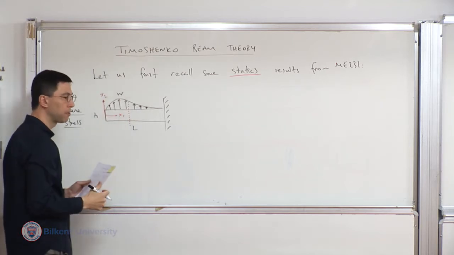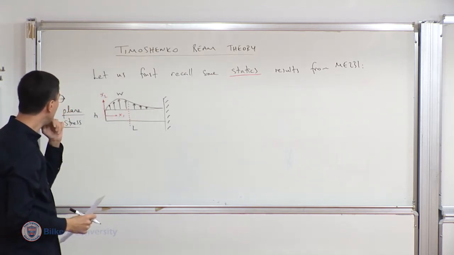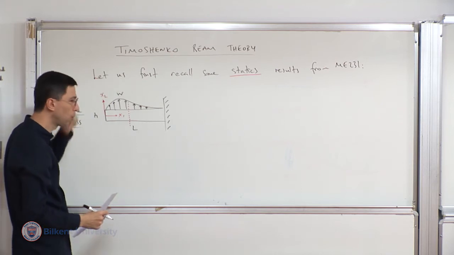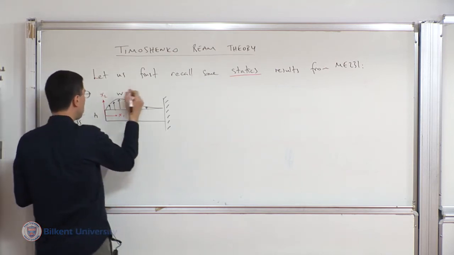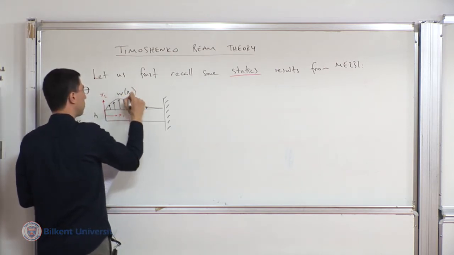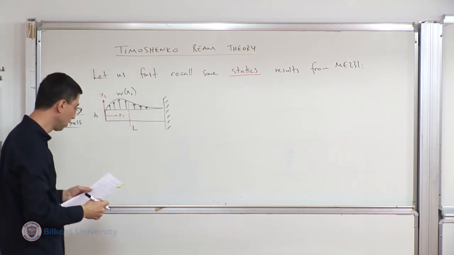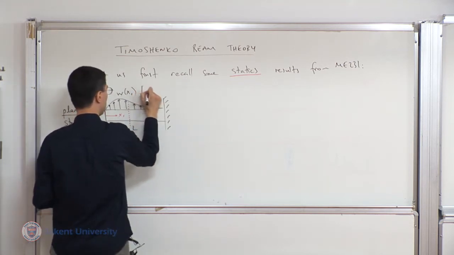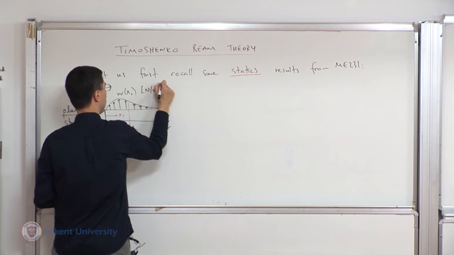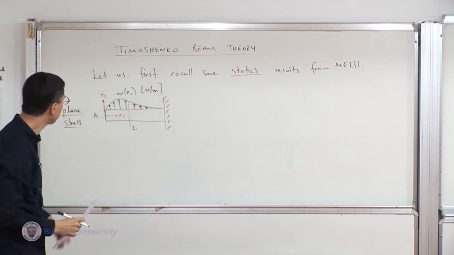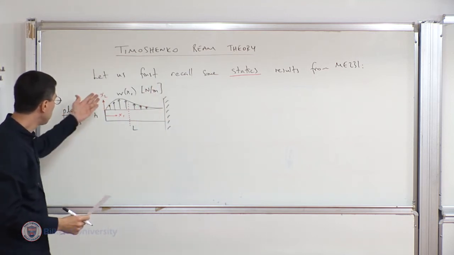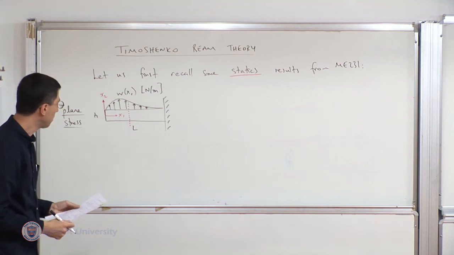I have some favorite letters that I keep using in different contexts. I'm going to call this w. It has appeared before to denote different things, but I hope there is no confusion. So in this case, it indicates load per unit length. And that is the notation, in fact, that we use also in ME 231.